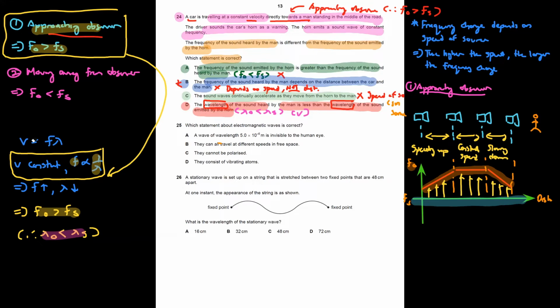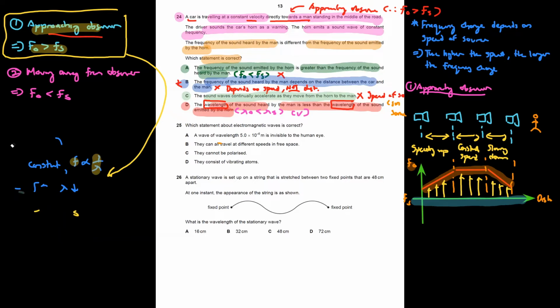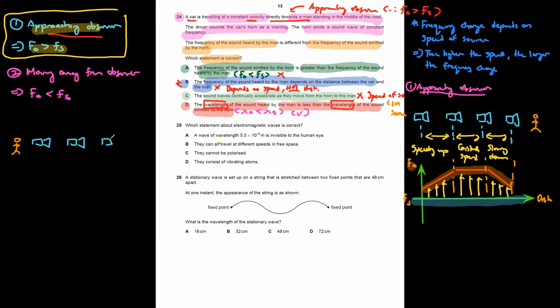Now, what about the case where I move away from the observer? I probably have to draw it on the other side here. Just give me less than 5 minutes to draw it out for you, then we can call it a day. So let's say right now the source suddenly passed the observer. My observer is right over here now, but my source keeps moving away like this, like this, and then finally like this.